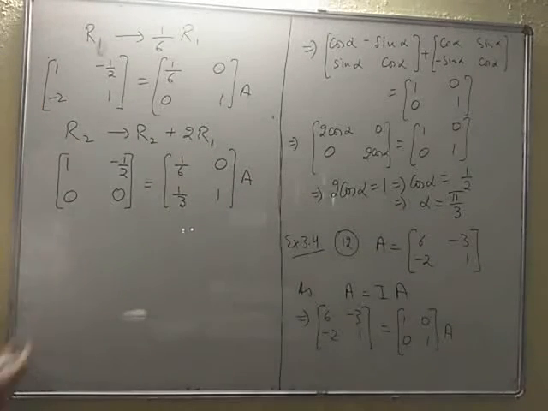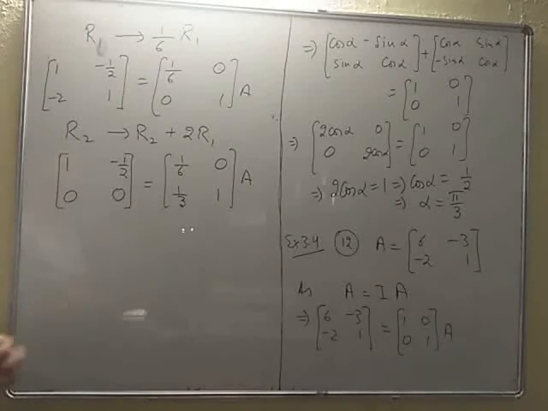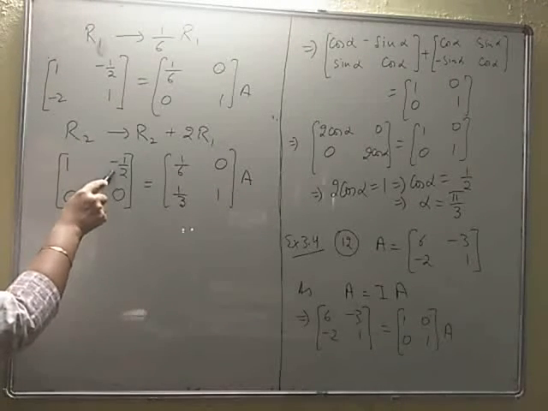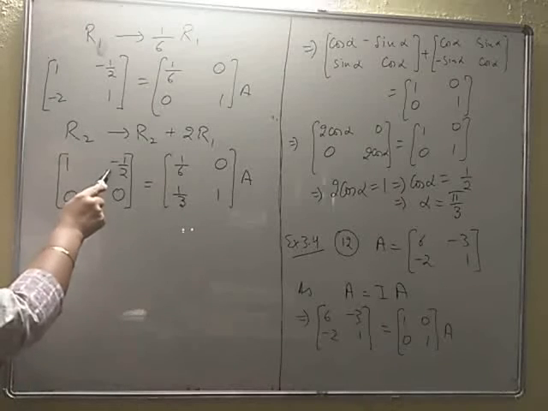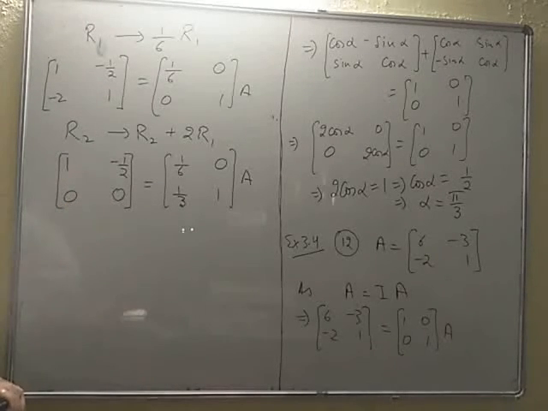Now the problem arises. Look at the elements of second row. Both have reduced to 0. And how will I convert this to 0 now? In order to convert it into 0, this number should not have been 0. Then only this can be converted to 0, because that is the next thing we have to do.